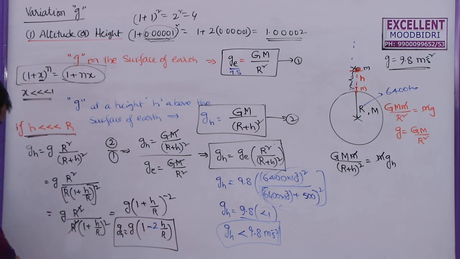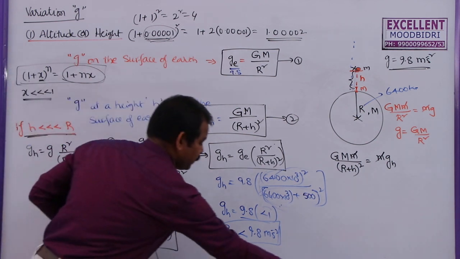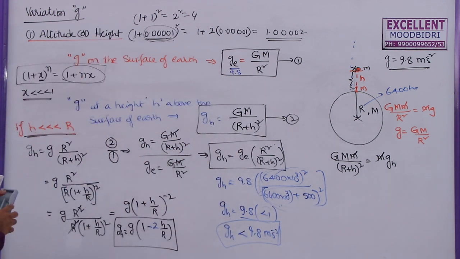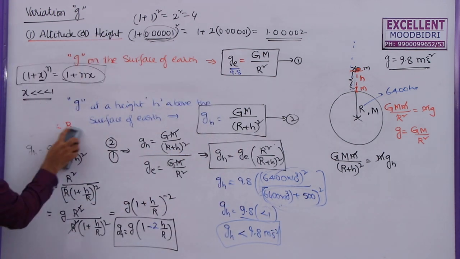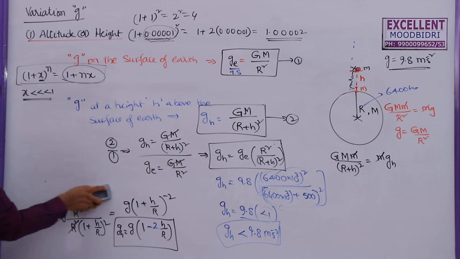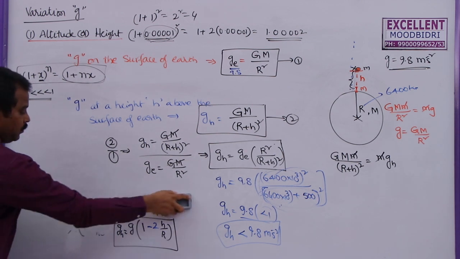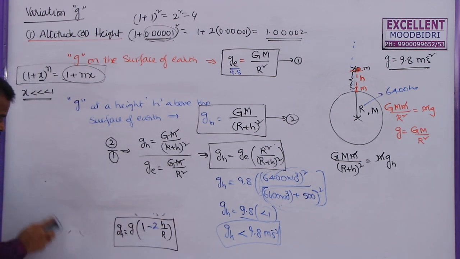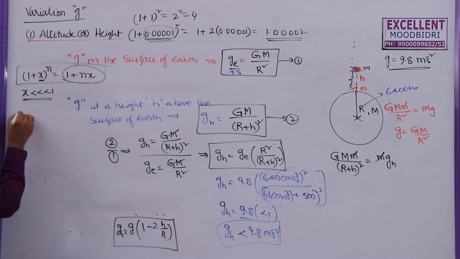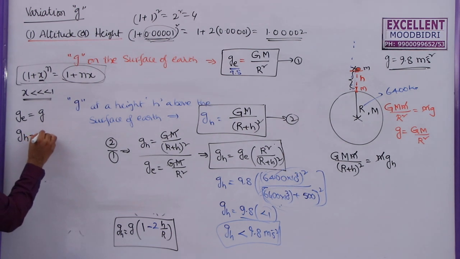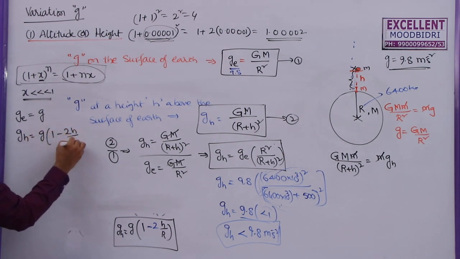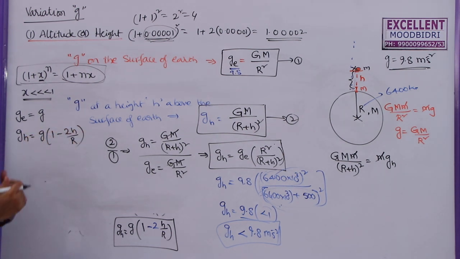So what is the difference between g on the surface of earth and at a height h above the surface of earth? Now I am going to take this. G on the surface of earth is equal to g. G at a height h is equal to g of (1 minus 2h by r). What is the difference between these two values? Which is bigger here? Gh is small, ge is big.